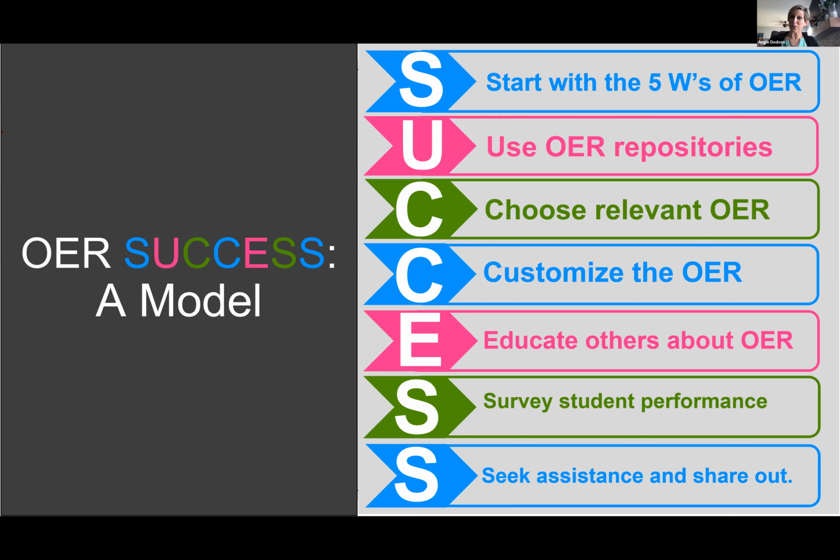Now, you may be familiar with the 5 R's of OER, but we focus first on the 5 W's, which includes what OER are, ways they're used, why they're important to higher ed, who benefits from them, and where you can find those things. And then that moves into how to use OER repositories to find that OER that you are wanting to use to enhance your course experience.